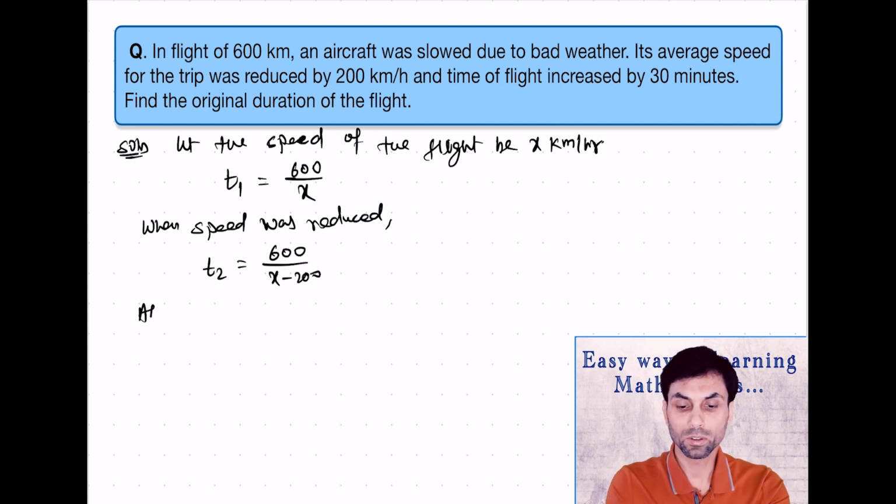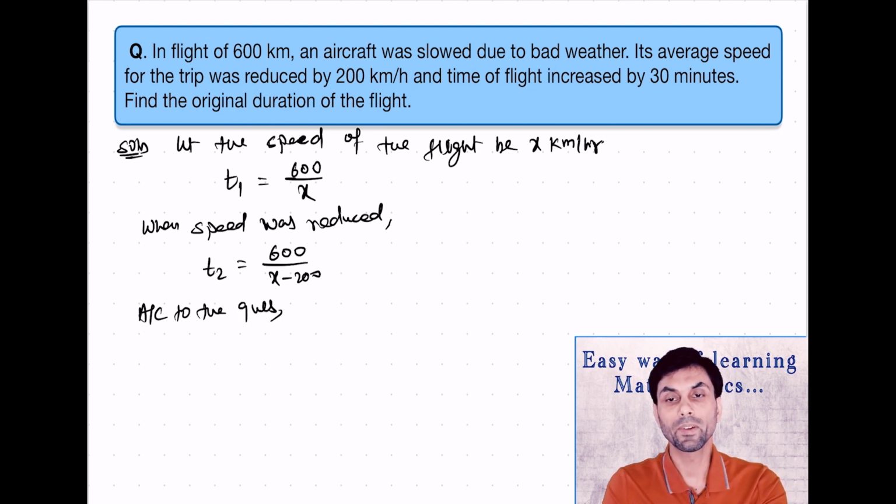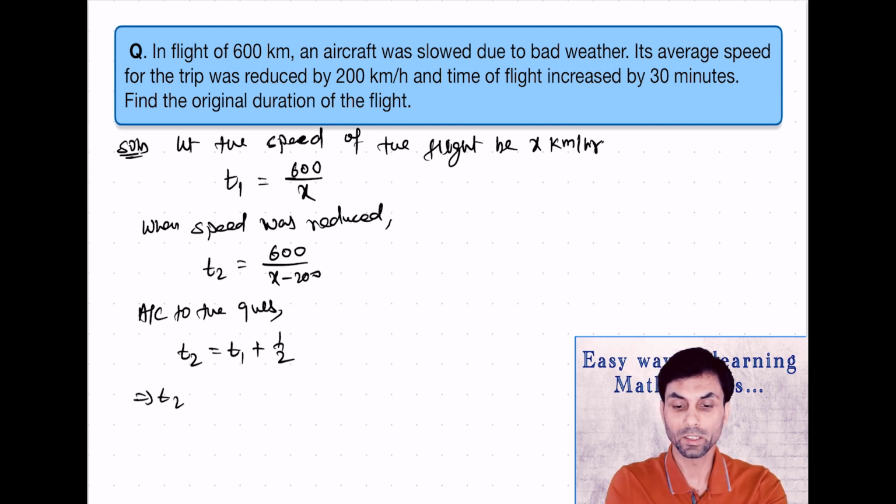And according to the question, it is given that the time of flight increased by 30 minutes. And 30 minutes, that means half an hour. So we can say that t2 is equals to t1 plus half, which means t2 minus t1 is half.